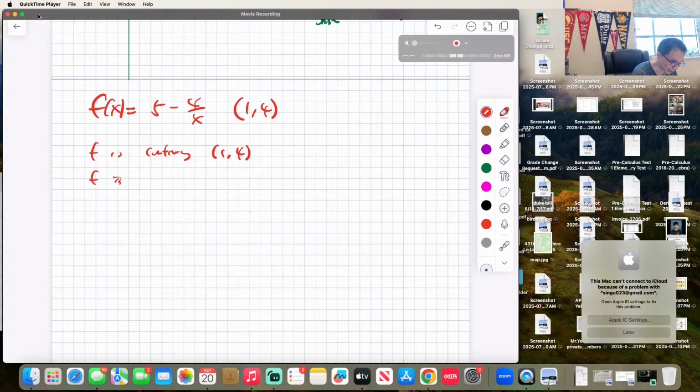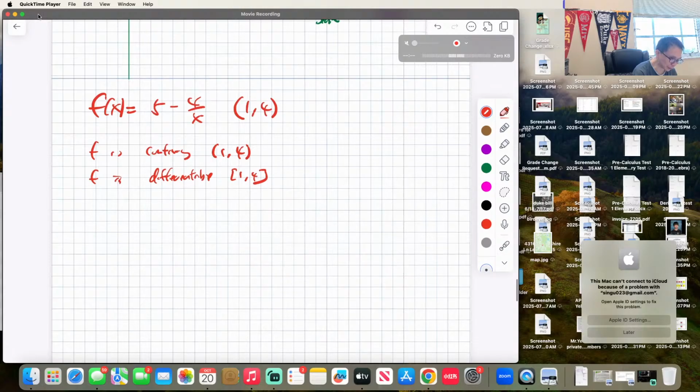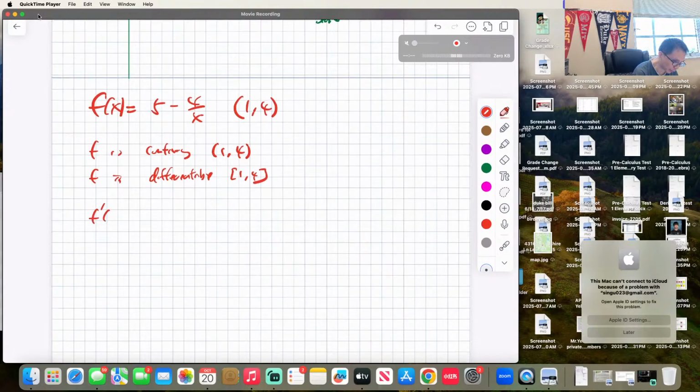And f is differentiable between 1 and 4 because it's only not differentiable at 0 again. So then I need to take a derivative of this because we are trying to find f prime of c equal to f of b minus f of a over b minus a. So we're going to take a derivative of this.